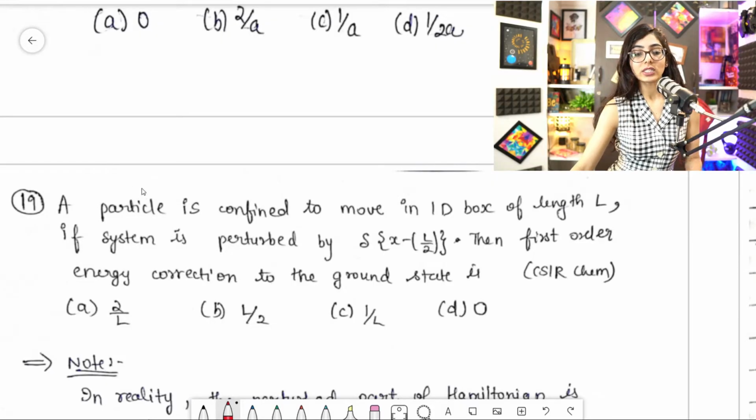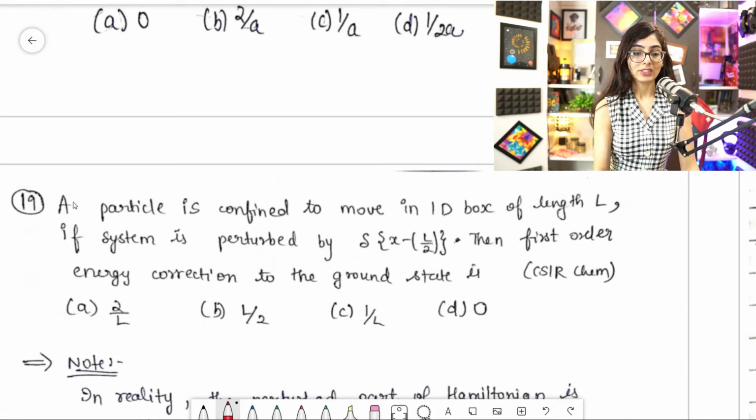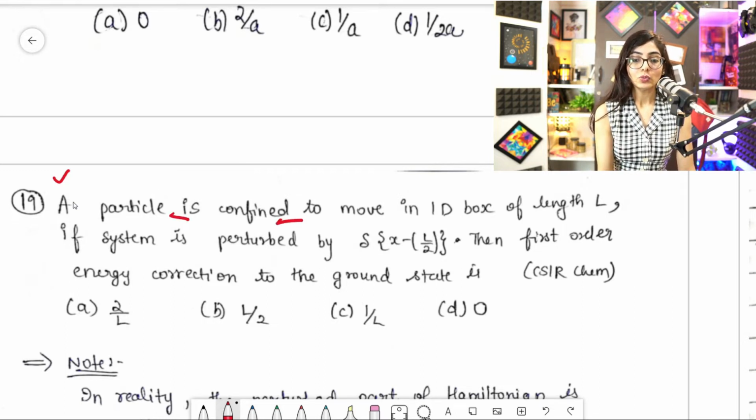So let's see what that question looks like. This is the 19th question, as you can see on the screen. This question says a particle is confined to move in a 1D box of length L. So a particle is there and a box is there of length L, that can be 0 to L. The system is perturbed by this.